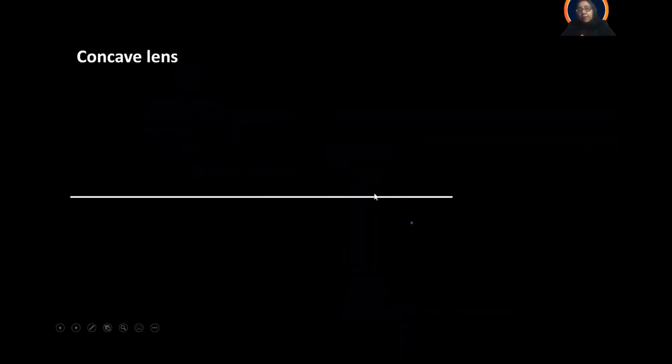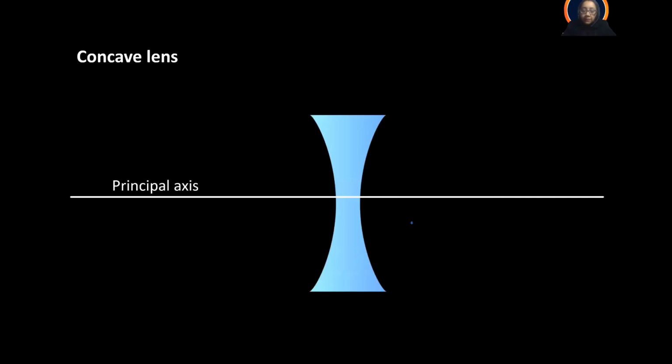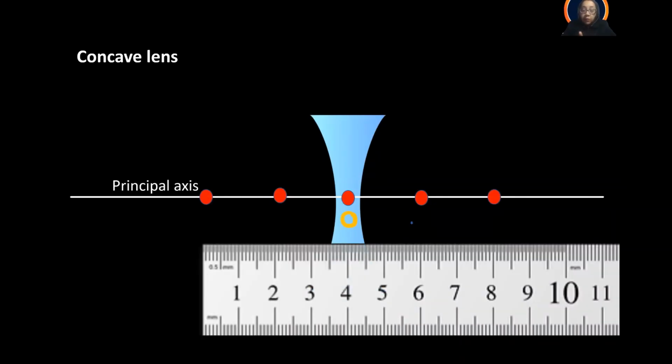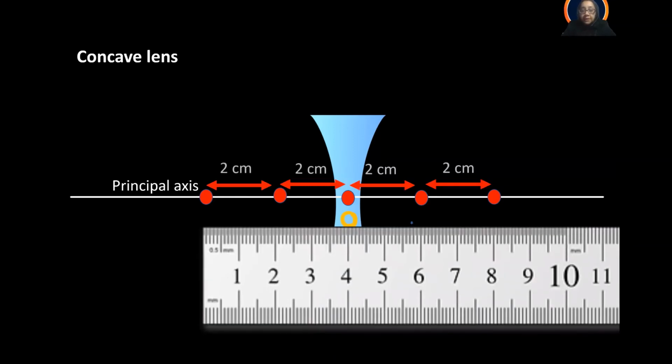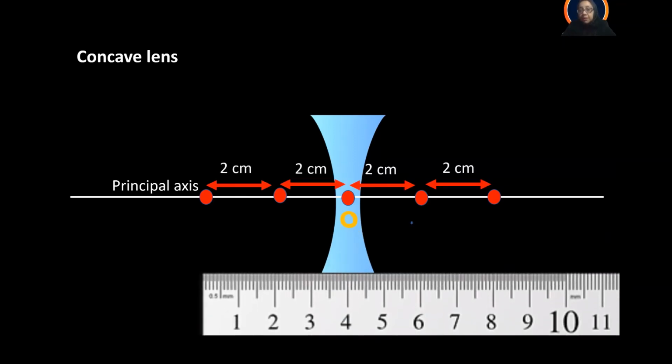Okay. Now, just like the convex lens, we should remember some specific rules for the concave lens. So for the concave lens, this is the imaginary line, we call it the principal axis. Remember to put the points equidistant from each other. For this example, we have taken 2 centimeter distance, but it is your wish, your choice. But remember, it should be equidistant. Remember to label them.